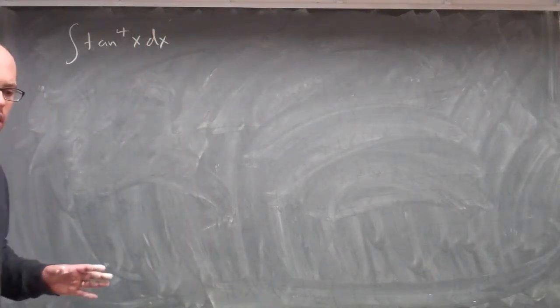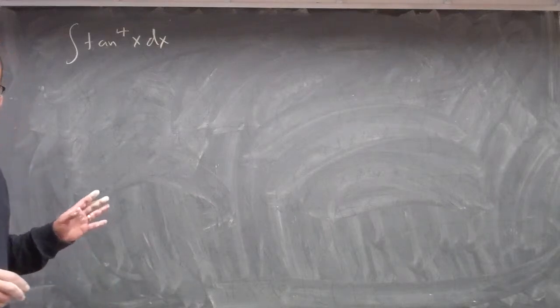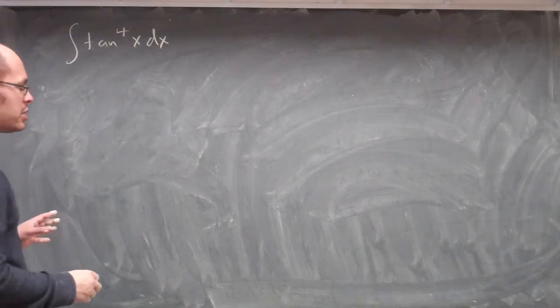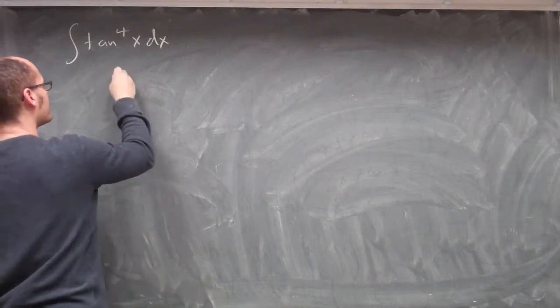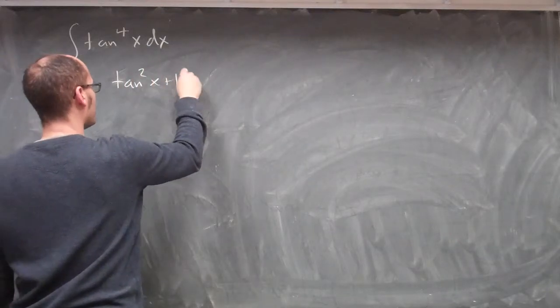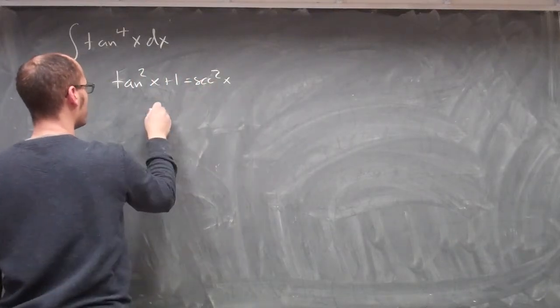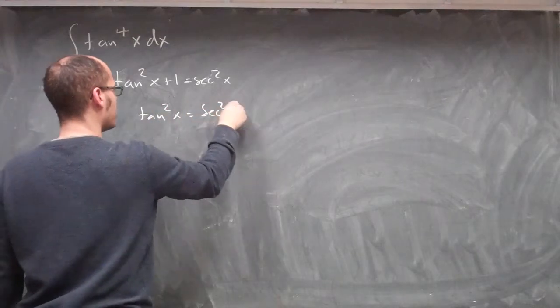Okay, so to do tan to the fourth, I'm going to do the same strategy, which is turn some of it into secant squared. As before, we have the fact that tan squared plus 1 is the secant squared. So in other words, tan squared is the secant squared minus 1.